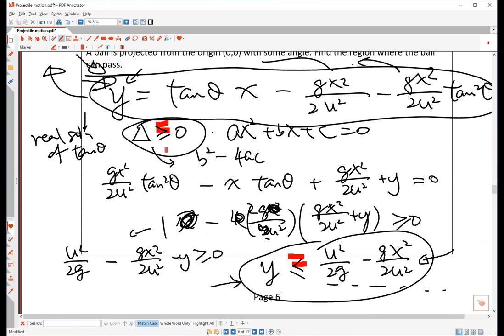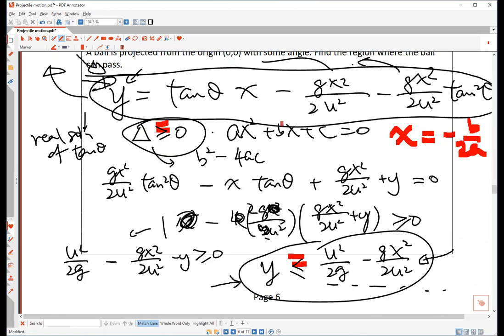And when does the discriminant equal 0? When there's only one solution, or you just say two repeated roots. So x equals negative b over 2a. We've thought about it before.